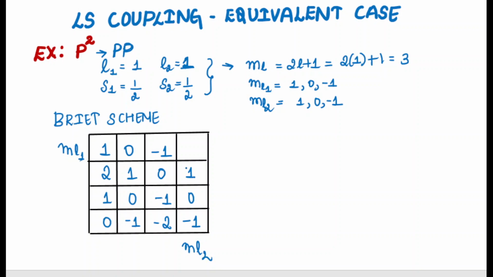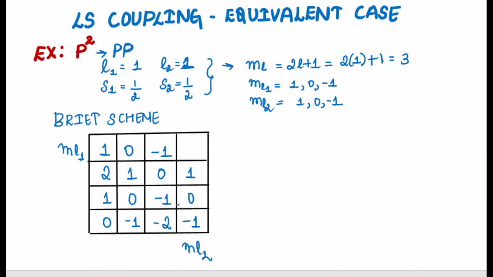Then I took the first element of the first column and added it to the row elements one by one. So we got the values 2, 1, 0, 1, 0, minus 1, 0, minus 1, minus 2, like this. Okay.